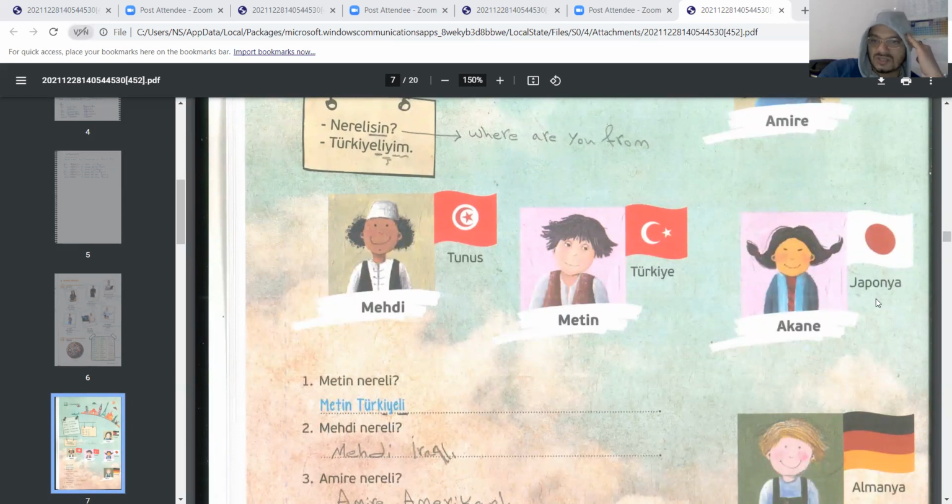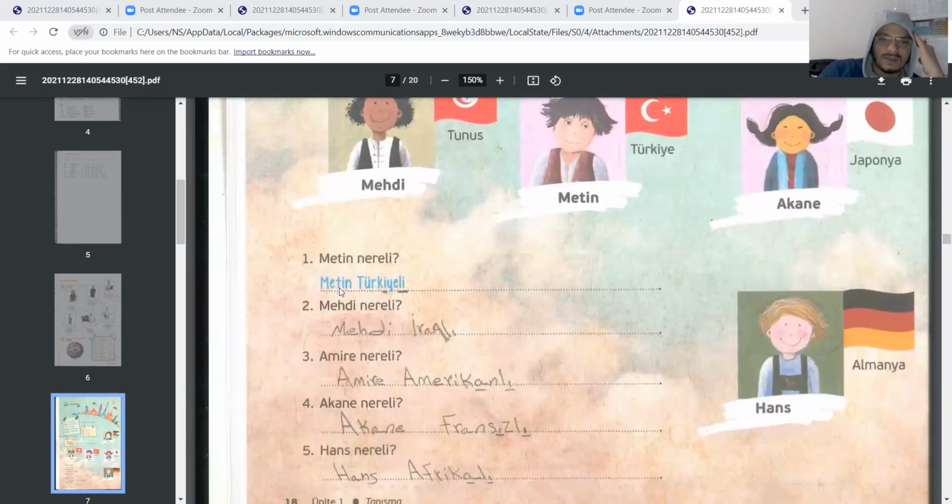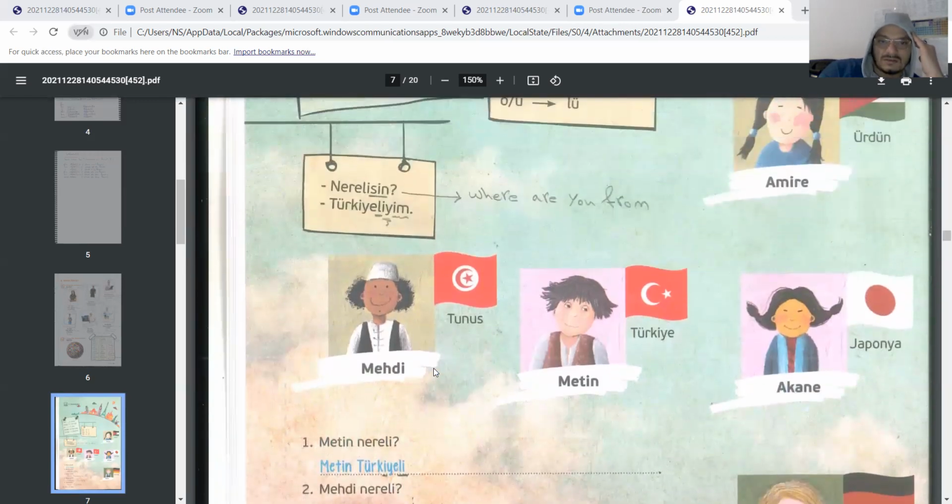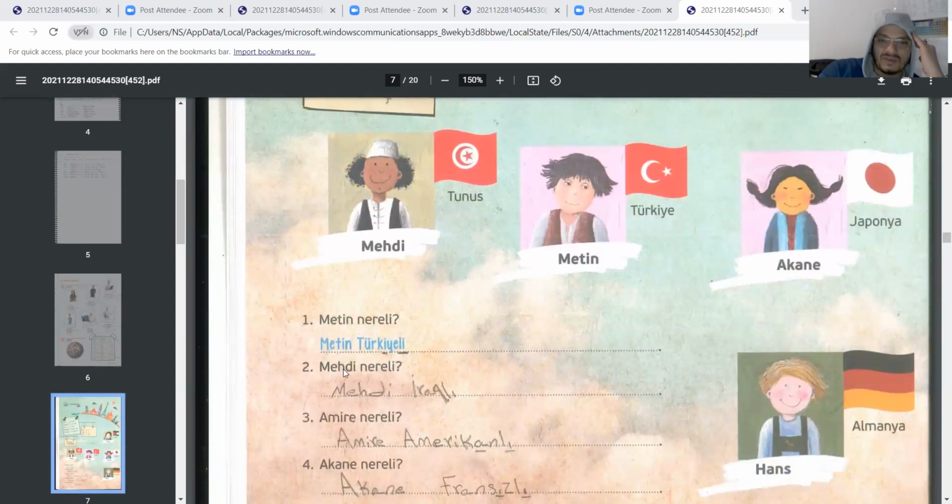Here, Tunis, Turkey, Japan, Japonya. Metin. I just wrote Iraklı. We can't say Metin Tunislu by putting L and O here, U, to be Tunuslu. Mehdi nereli? Where is Mehdi from? We don't have Mehdi here. Oh, sorry. Metin Türkiye'li.